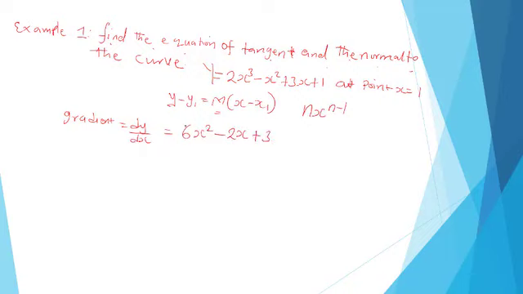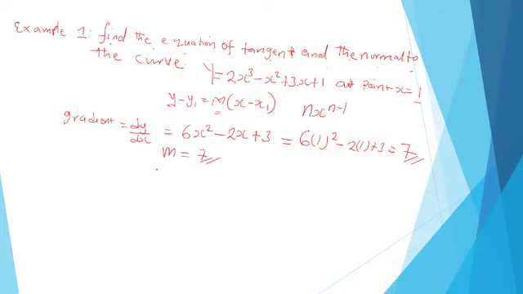So at the point where x is equal to 1, you apply it by putting x as 1: 6 in bracket 1 squared, minus 2 times 1, plus 3, and your answer will be equal to 7. So the value of your m is equal to 7. Now this is what you have for m.